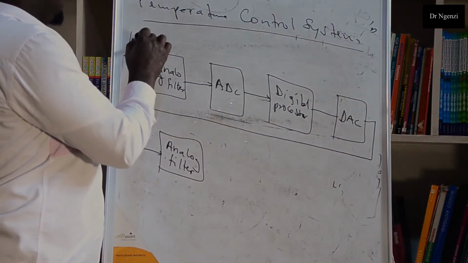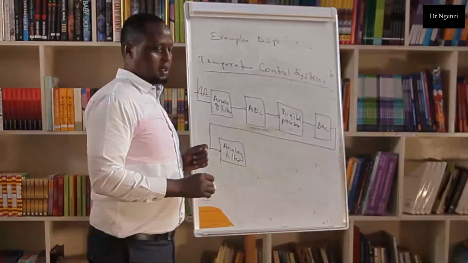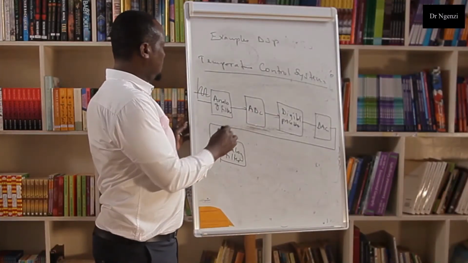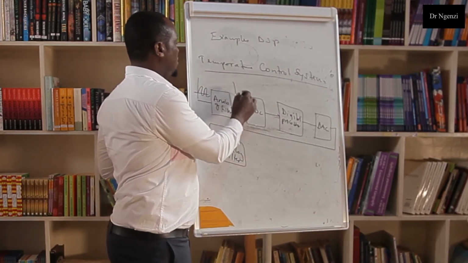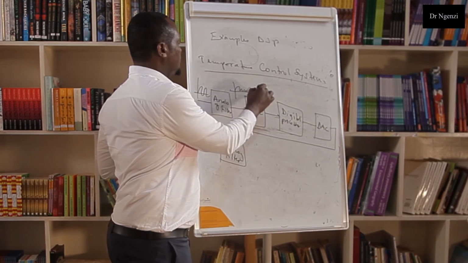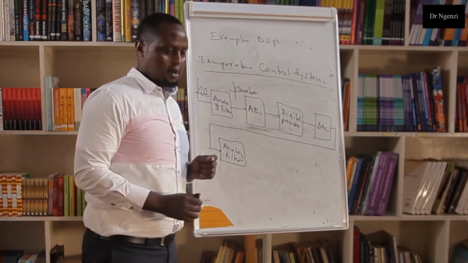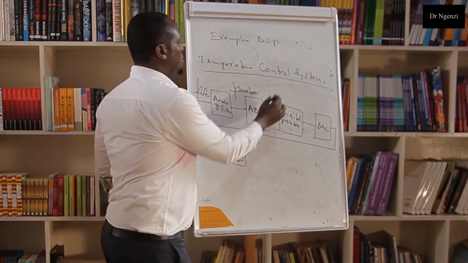We begin with, for example, an analog signal. It's going to pass through the filter in this way, and then it will undergo some digital processing.